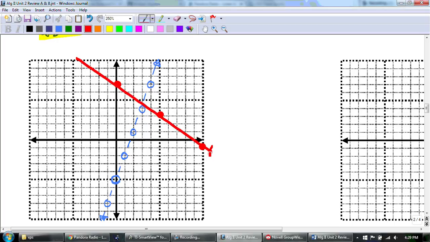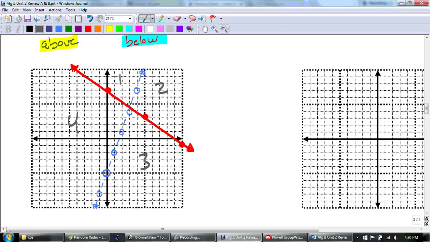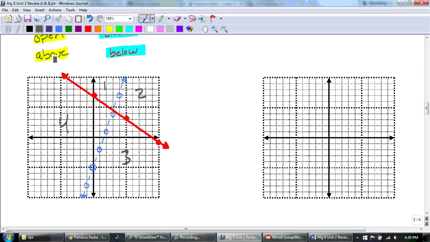So I'm using my straight edge. But see, now's the hard part. Now I've got to figure out where to shade. All right, so I'm going to label the sections 1, 2, 3, and 4. Now, I'm just looking at the above and below part. I know I need to be above the blue line, so above the blue line means I can get rid of 2 and 3.